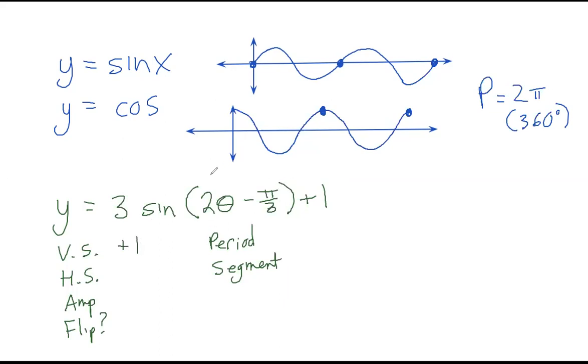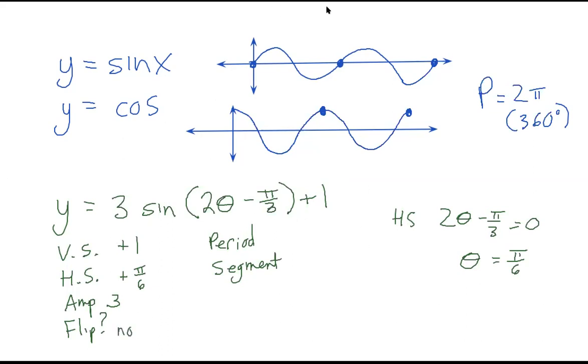We know horizontal shift means setting that whole thing equal to 0. So that's going to be 2x equals pi over 3, so it's pi over 6. Amplitude is just 3, that number's right there. Flip, no, there's no negative there, so there's no flips to worry about.